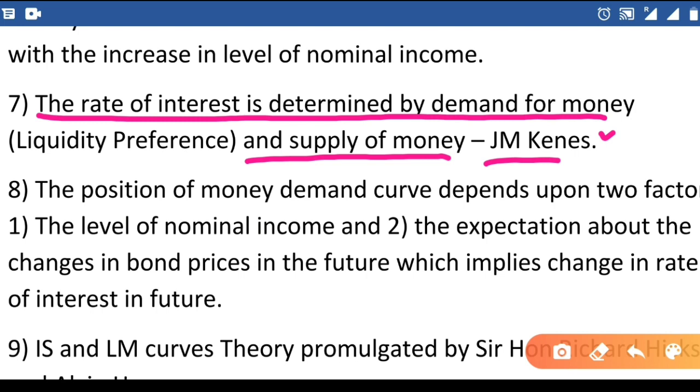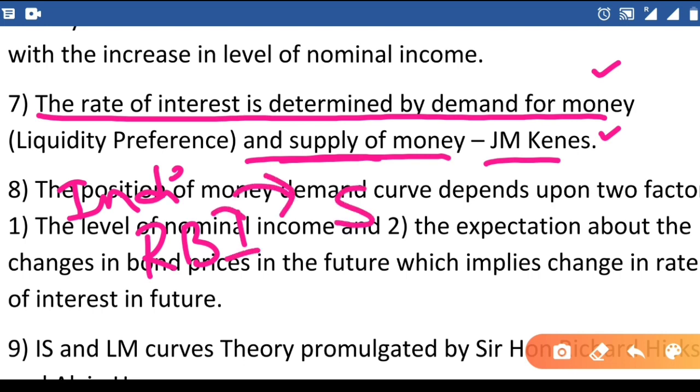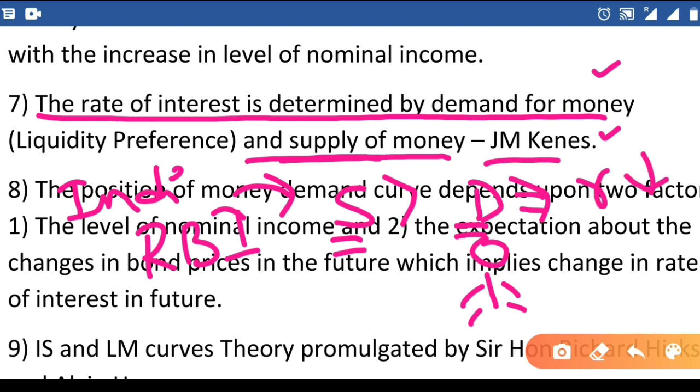Here the rate of interest mainly depends on the supply of money and the demand for money. We have already discussed that in India the money supply is decided by the RBI. If the RBI supplies more money and people want less money, then supply is more than demand, so the rate of interest decreases.